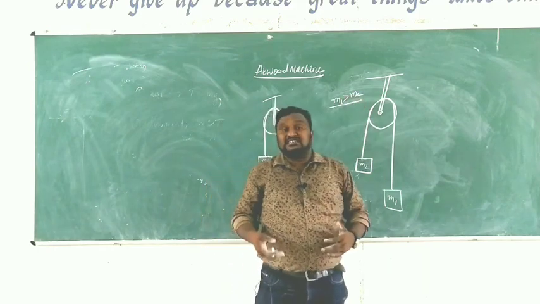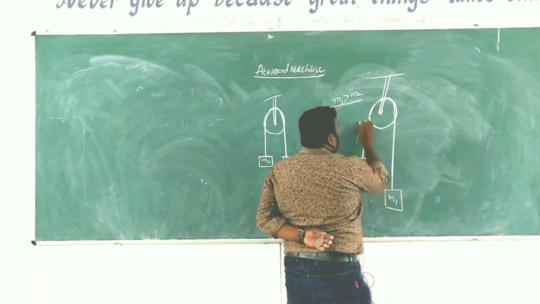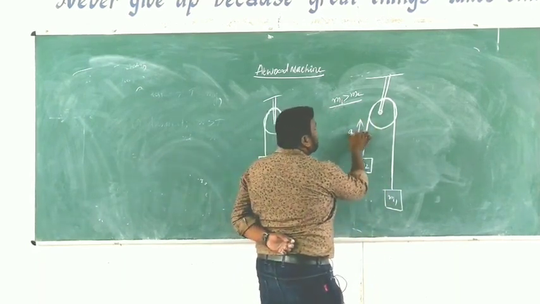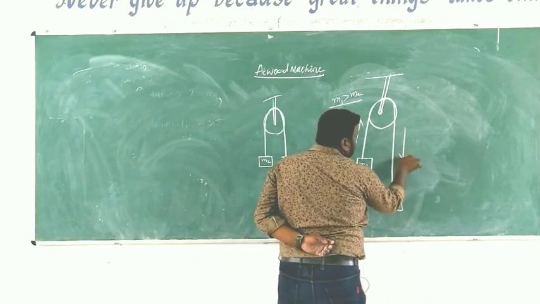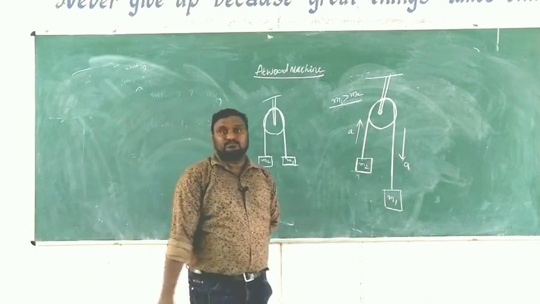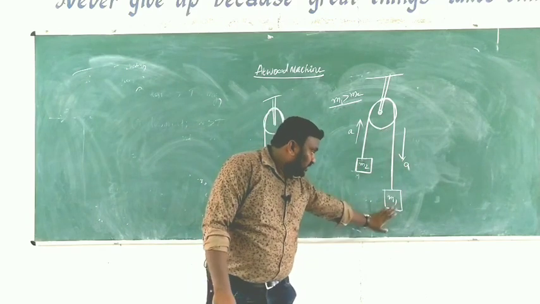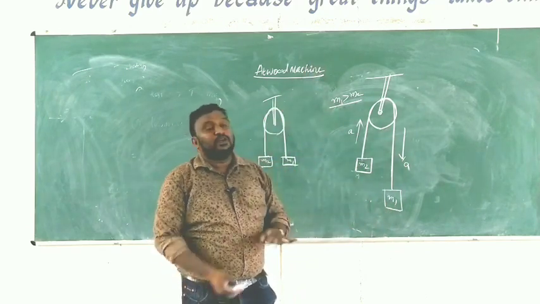When M1 is greater than M2, the second body moves up with an acceleration A, and with the same acceleration the first body comes down. Clear? With acceleration A, M1 is going down, and with the same acceleration the other object is going up.